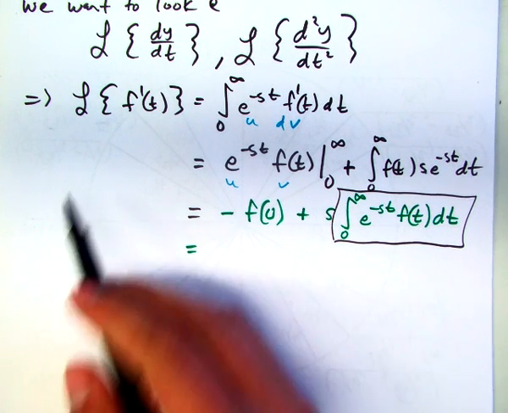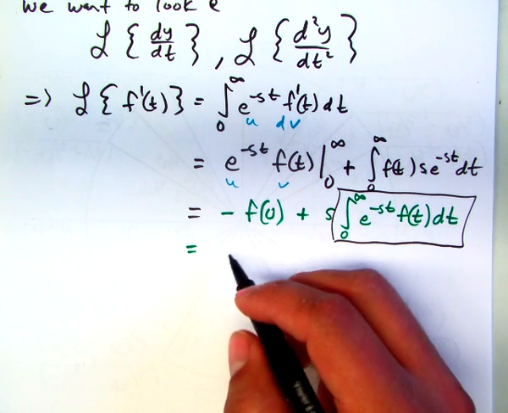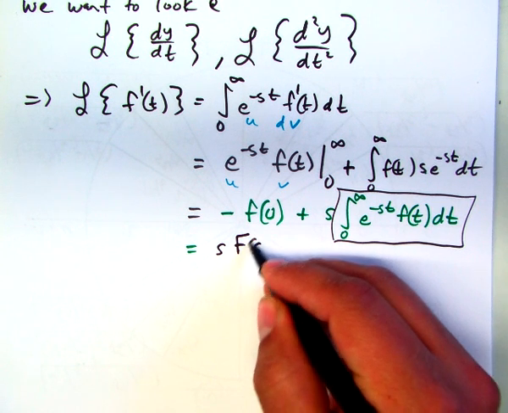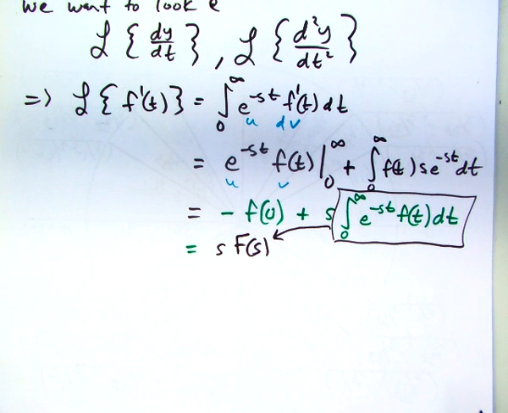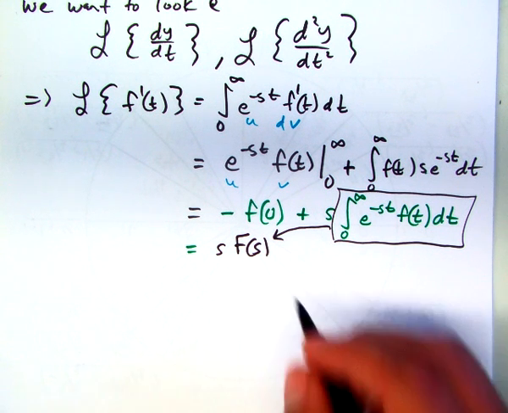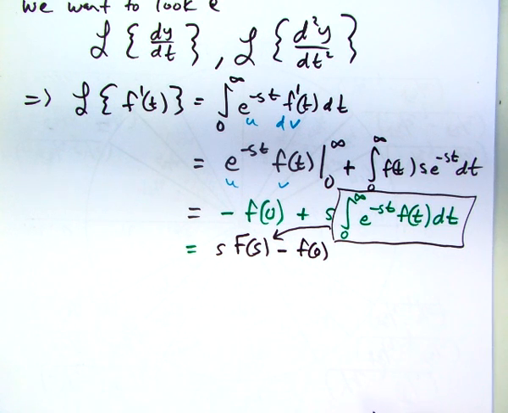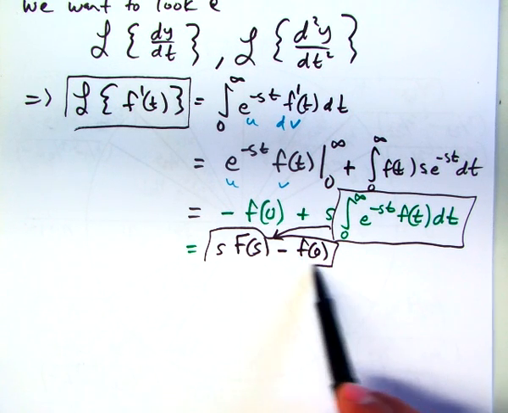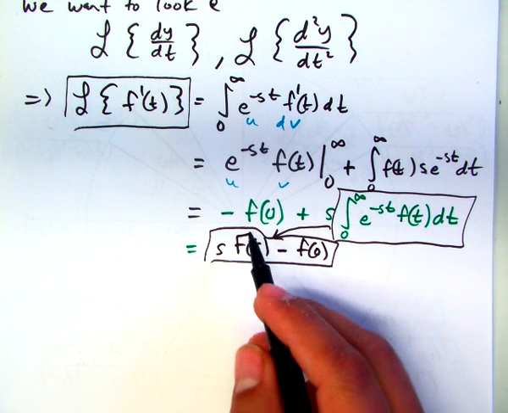So, if we want the transform of the derivative, we can just take s times, let's call it capital F of s, since this is the definition of a transform. And we still have our minus f of 0. Okay? So the Laplace transform of the derivative is s times F of s minus f of 0.